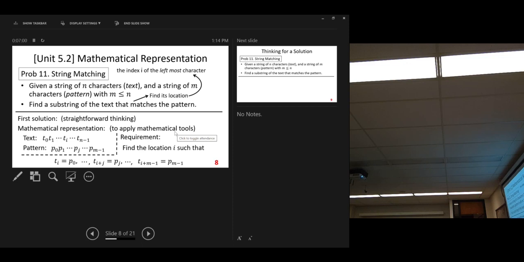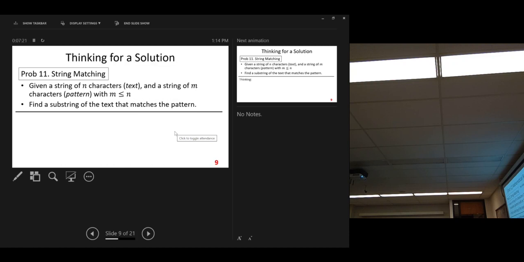So this is a translation, an equivalent translation. But in this language, you can get an idea. You feel it's much easier for thinking, right? Thinking for a solution. I think we are pretty close to getting a solution here.